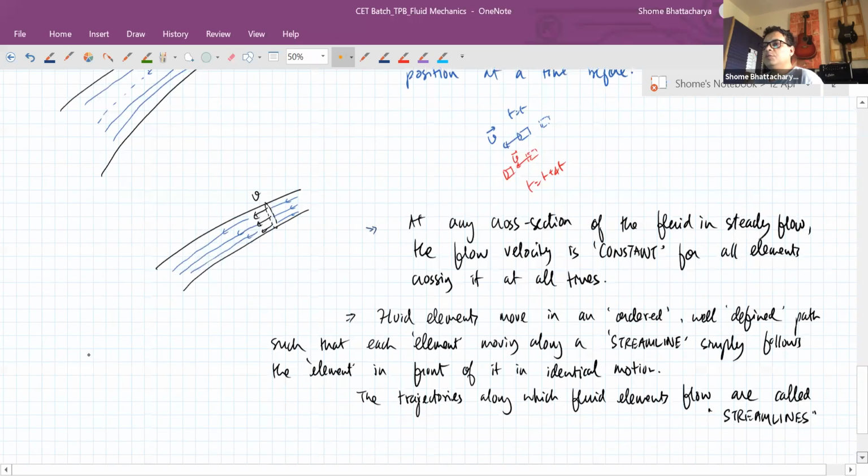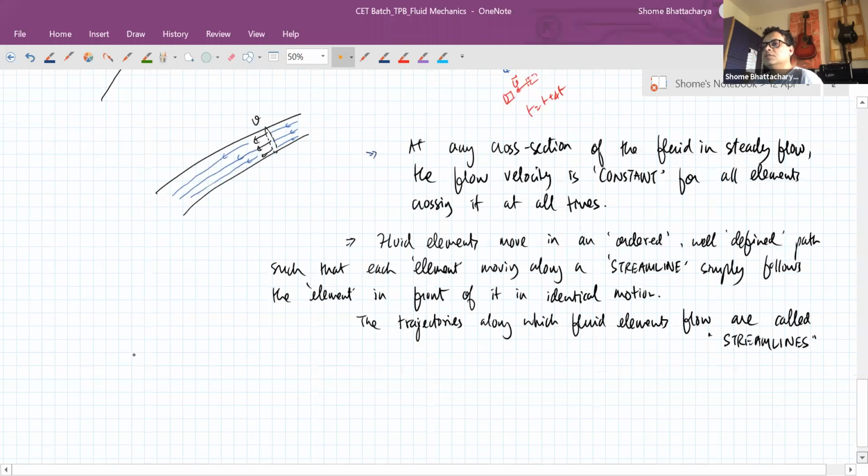Now we'll see some properties about streamlines.